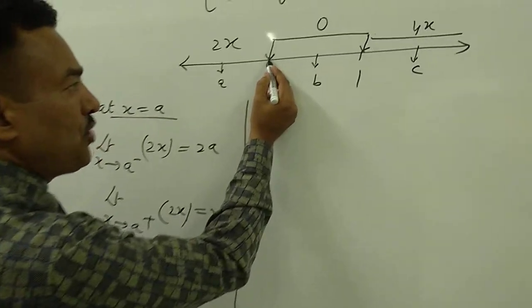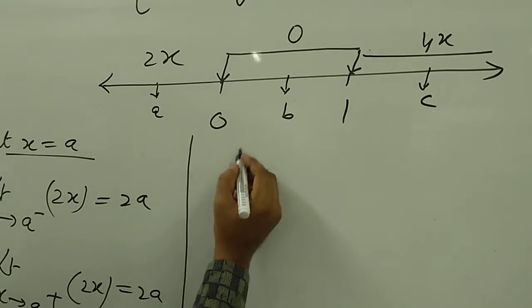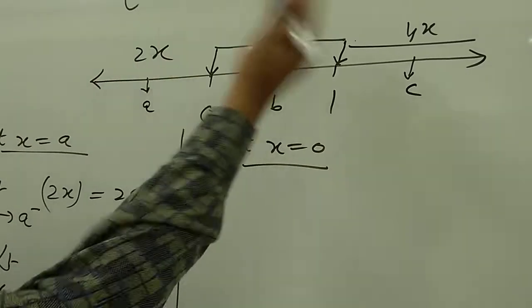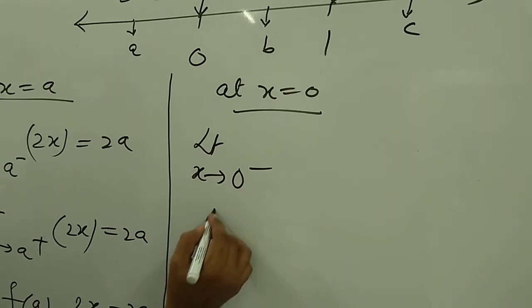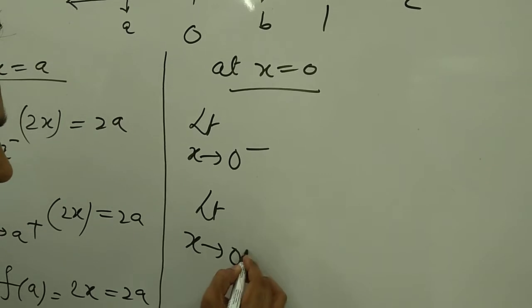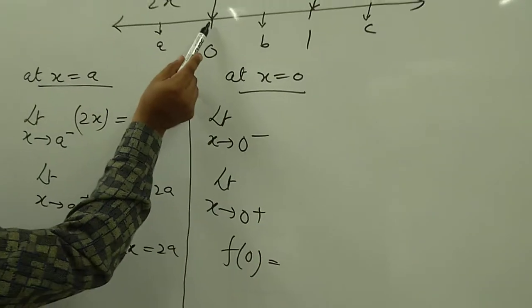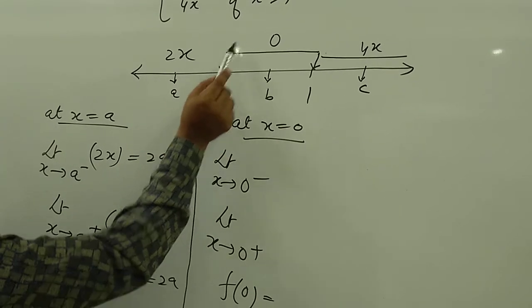Now coming to this point 0. At 0 the function is changing, so this point is very crucial, because below 0 it is something else, after 0 it is something else. Let's check the left hand limit, the right hand limit and the value of the function at 0. To the left of it, the function is 2x. To the right of it, it is 0.